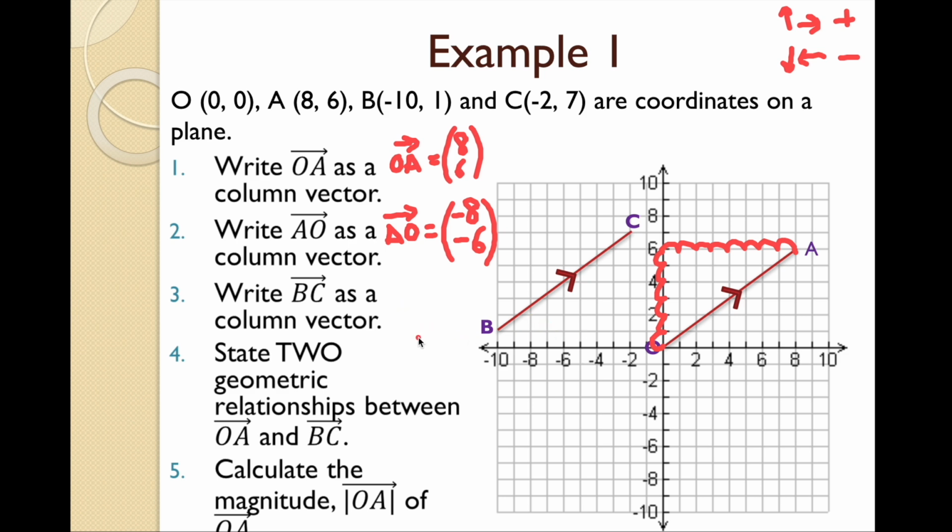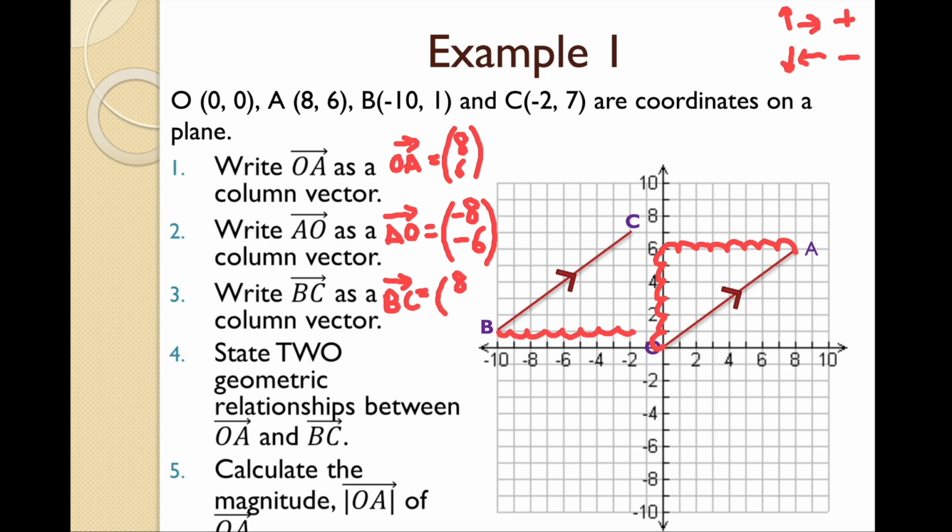B to C. If we have a diagram, we go like this, B to C. So I go 1, 2, 3, 4, 5, 6, 7, 8. So I went 8 to the right. So that means BC is equal to 8.